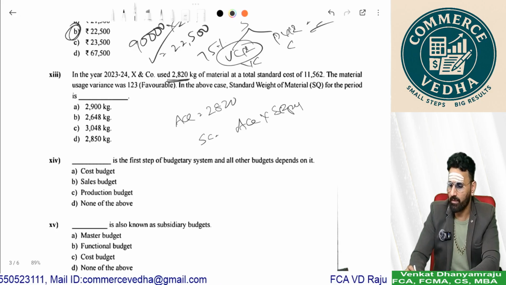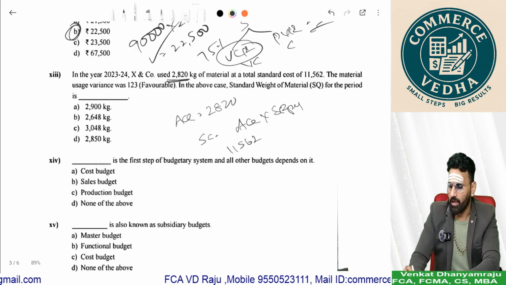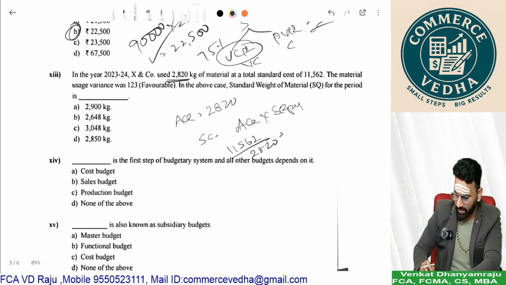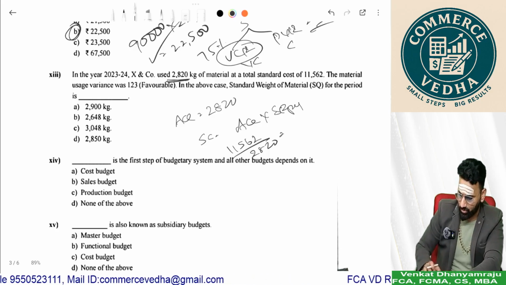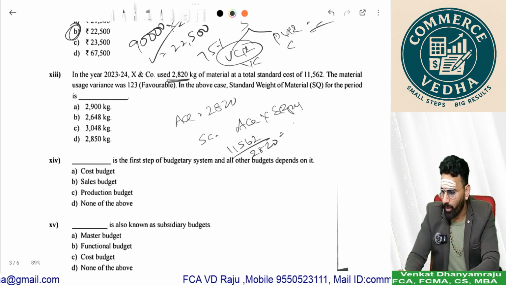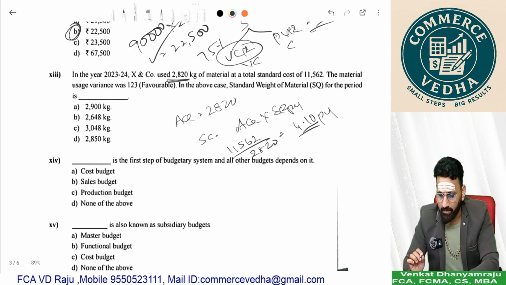So in this case, you have standard cost 11562 and you have actual quantity 2820. So you will get standard rate per unit as 11562 divided by 2820, which is 4.10 per unit standard rate.